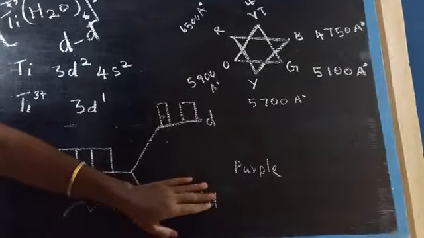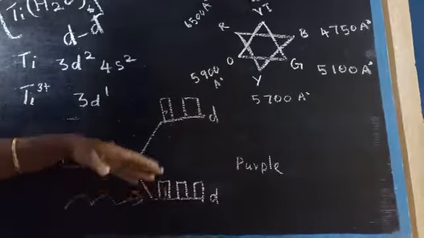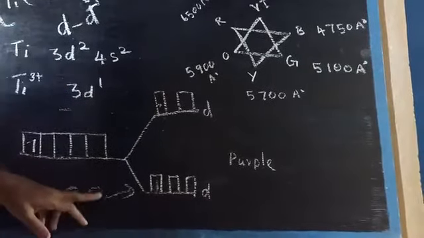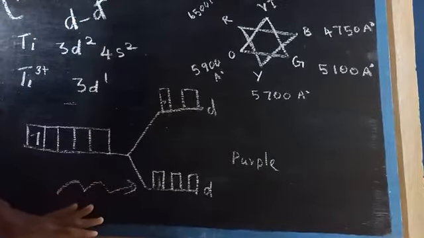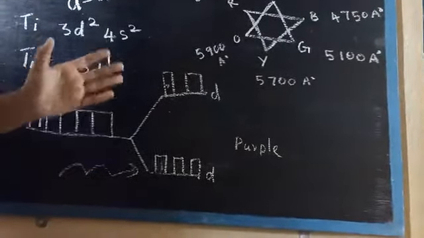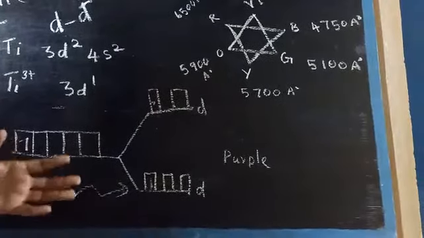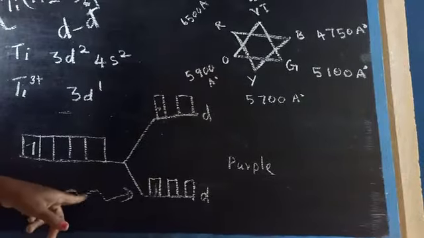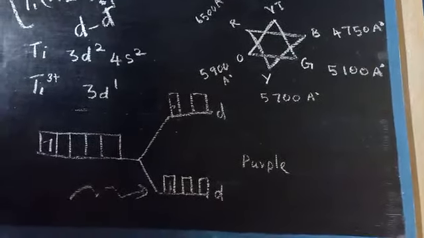This one is the ground state, this one is the excited state. So the electron moves from here to here. Can you understand the word d-d transition, children? The d-d transition takes place, so the color appears, especially the complementary color. Here white light passes, but it comes out as purple color.